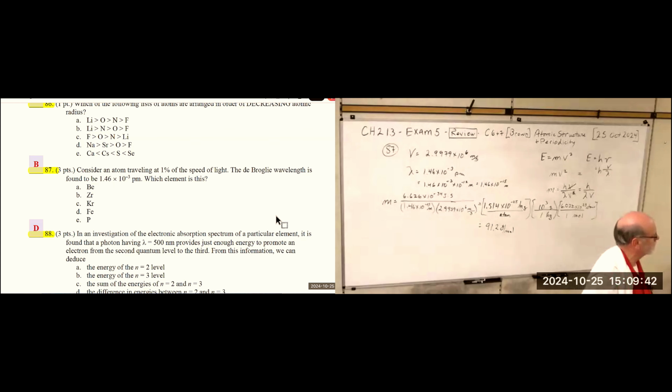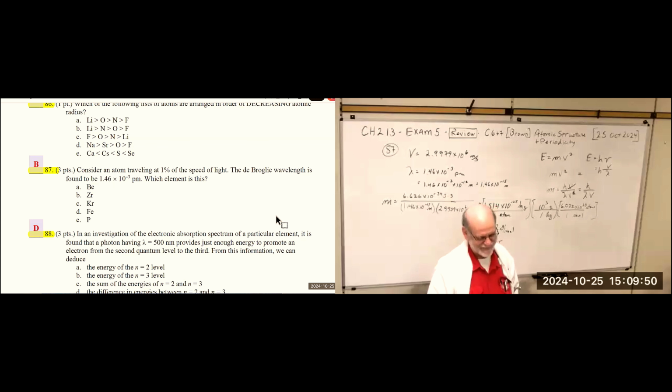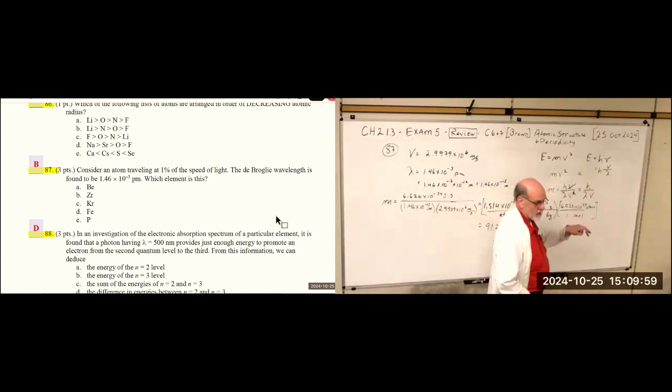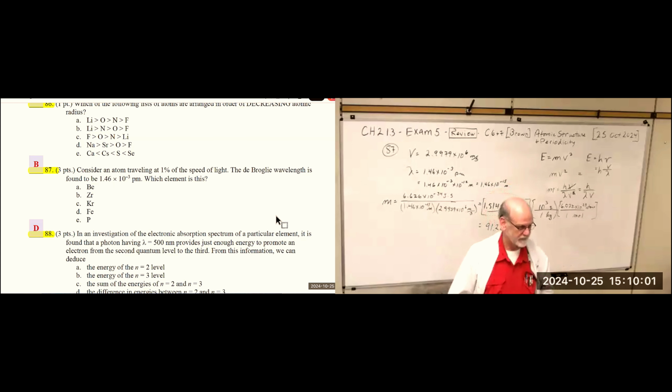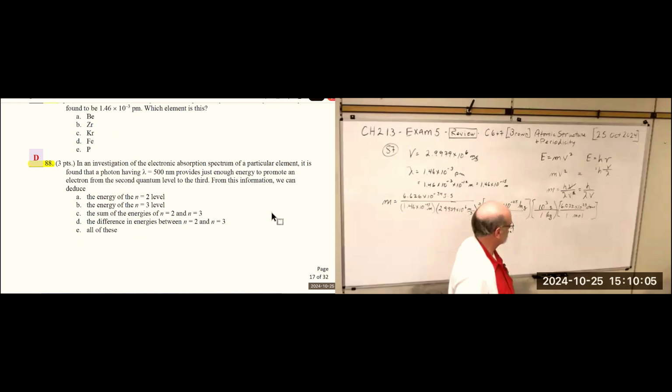Zirconium. Okay? That's how it's done. I think your textbook actually has the de Broglie equation derived and it's sitting there. But if you forget, that's how you do it.